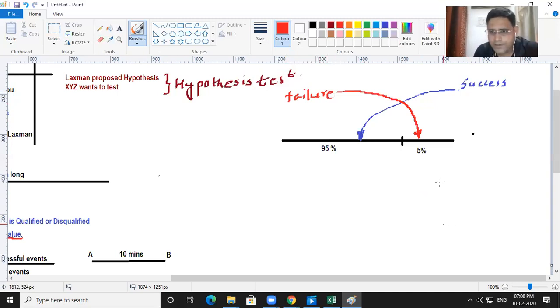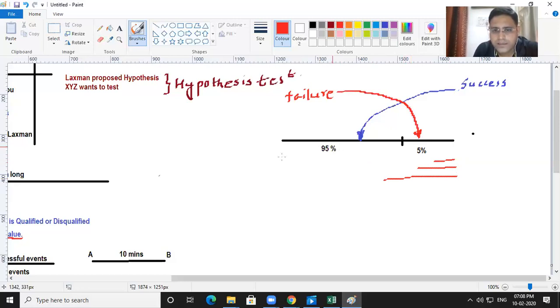Let us suppose my p-value came 3%, till here. So I'm falling in this zone, so it is a failure. Again, it is 4%, again under 5%, so again it is a failure. But let us suppose it came out of this zone. It is 10%, so I'm in this zone, so it is a success.